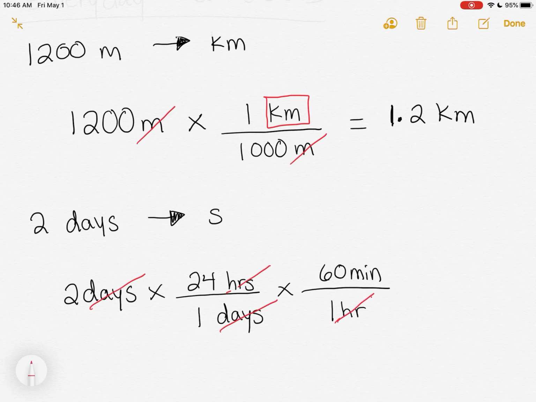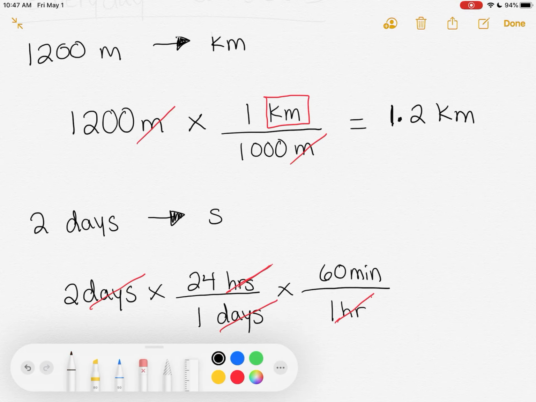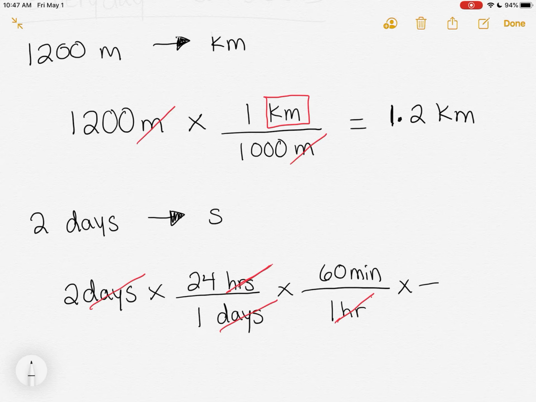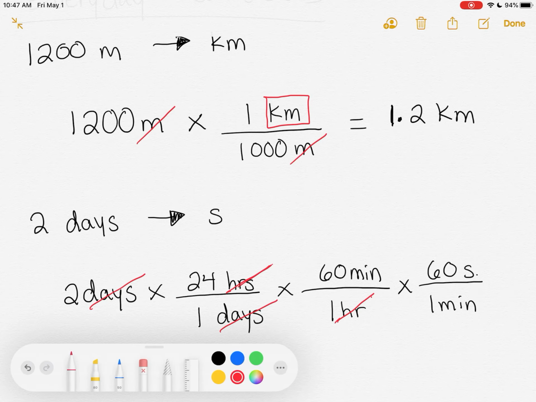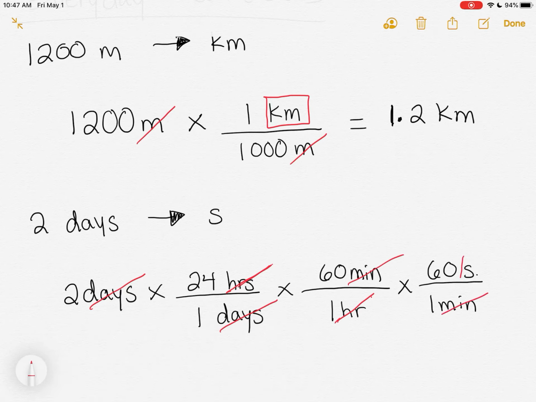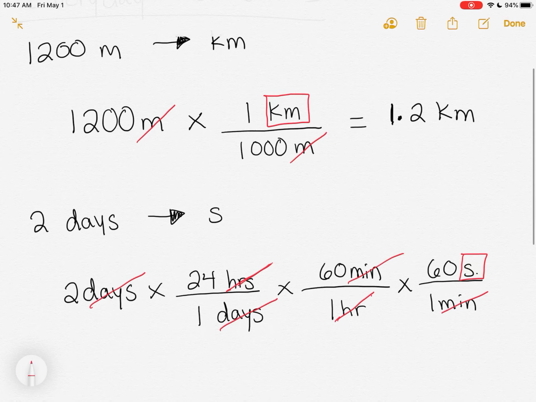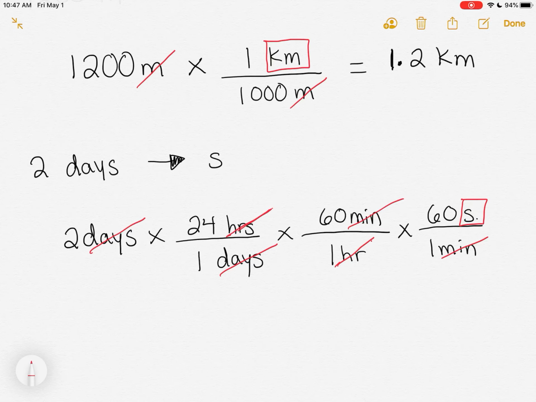Okay, and that's going to allow me to cancel out my hours. If that's all I do, then I'm going to be left with minutes. But I don't want minutes, I want seconds. So I'm going to add another conversion factor. So I also know that 1 minute is 60 seconds. And that's going to allow me to cancel out my minutes. And I'll be left with this unit of seconds.